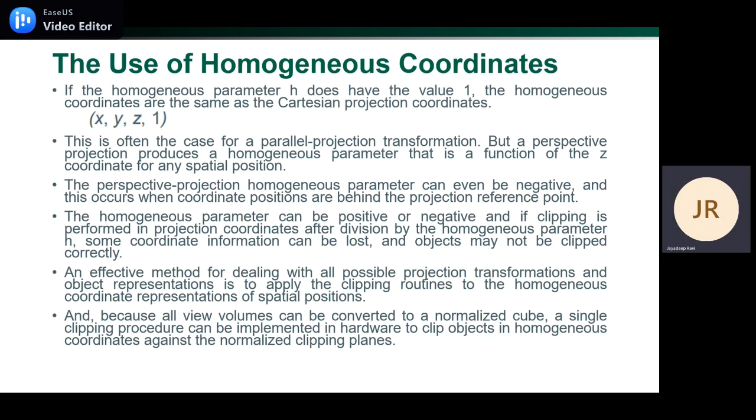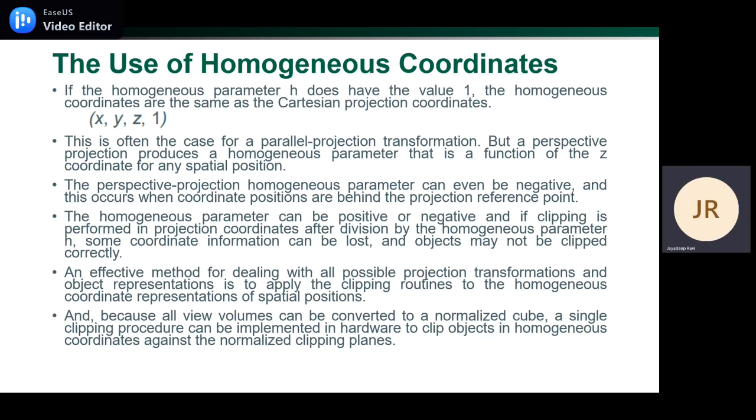The perspective projection homogeneous parameter can even be negative if the position is beyond the projection reference point. It can be positive or negative, depending on the position of the projection reference point, whether it is behind or ahead.